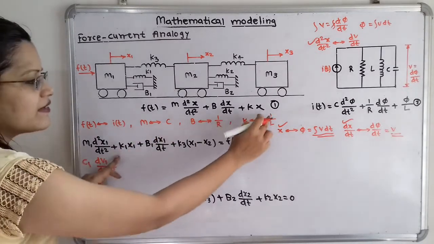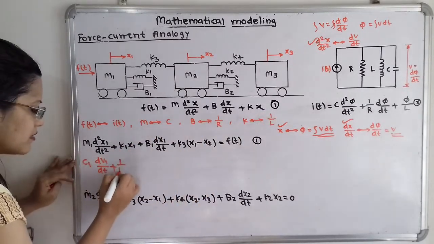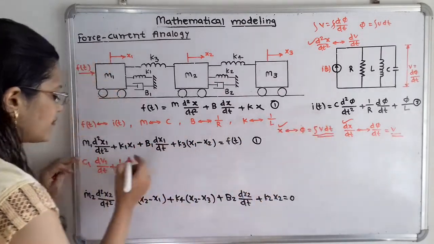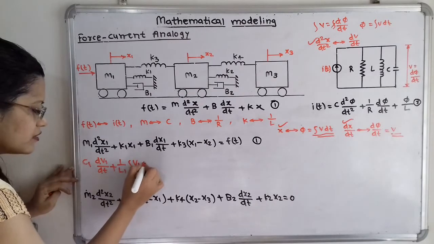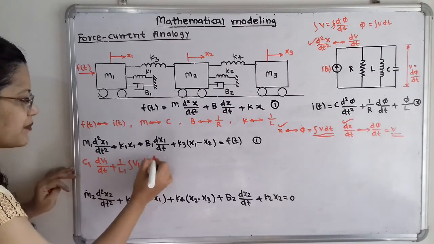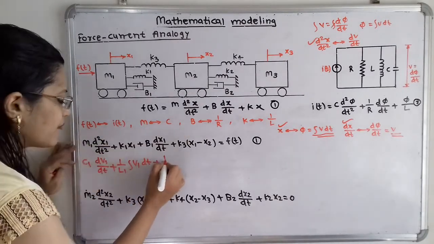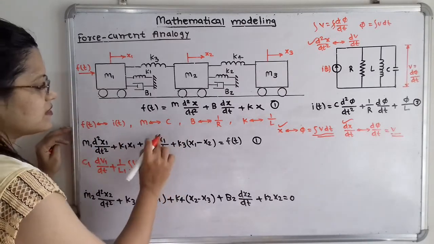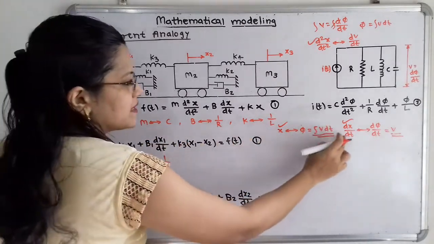So k1 I will take 1 by L1. Now x1 I will take integration of v1 dt, plus b1. So instead of b1 I will take 1 by r1 dx1 by dt, that is instead of dx by dt I will take v.